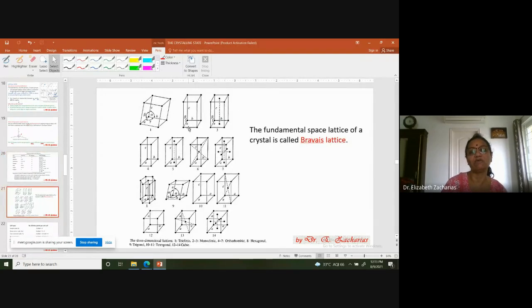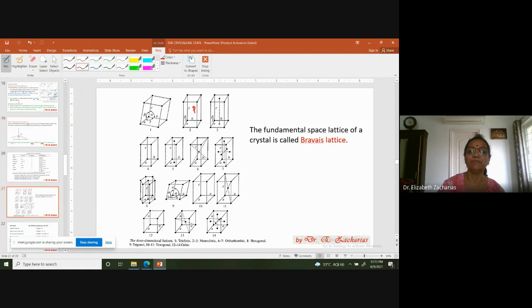You're seeing A equal to B not equal to C. Then you're seeing the relationship between the angles also. One of the angles is not equal to 90. And you're seeing that this is primitive, whereas this is base-centered.